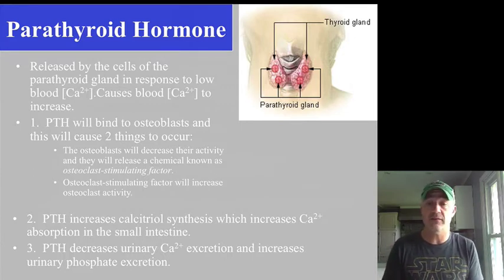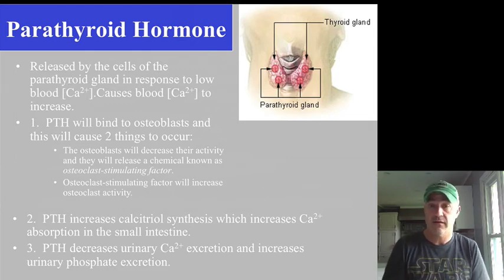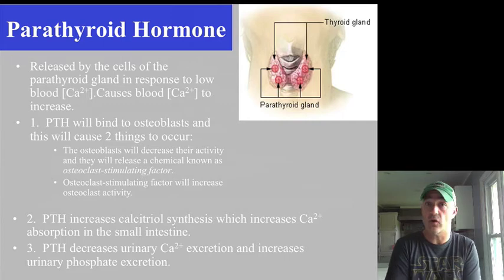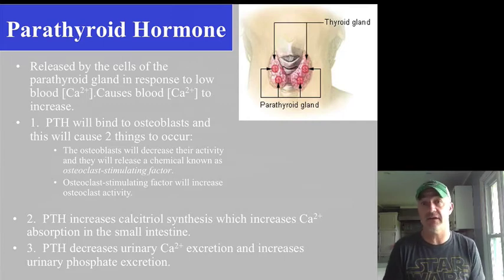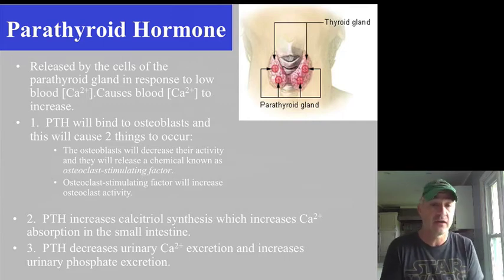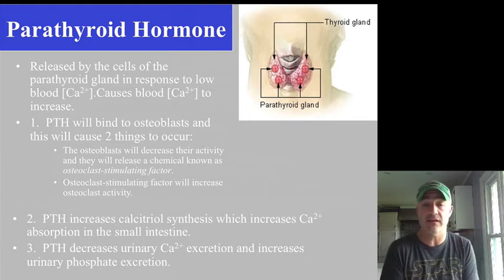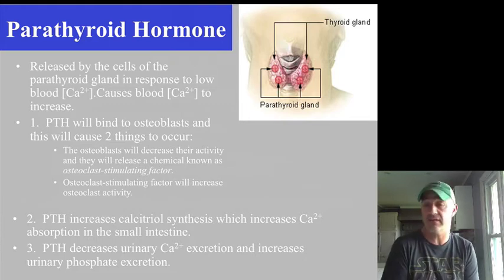More calcitriol means more absorption of calcium from the digestive tract. And the third thing, not surprisingly, if we kind of go through these so far, we're taking calcium out of the warehouse. We're bringing more calcium into the body. The third one that would make sense is don't lose any calcium from the body if we need to keep those calcium levels high. So parathyroid hormone also is going to inhibit the kidneys from excreting calcium ions in the urine.